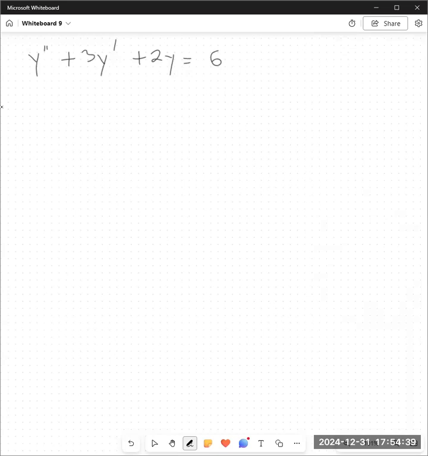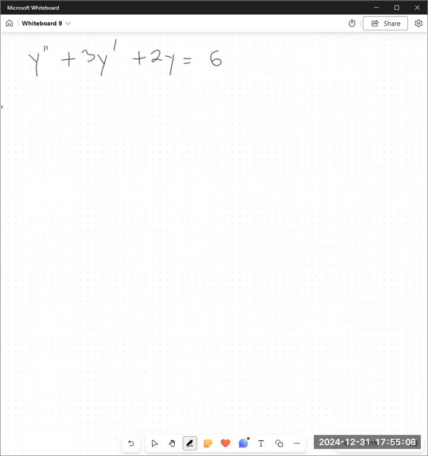It can be the product of those types of functions as well, sums and differences of those, but we need to be able to look at that and see that it's a linear combination of those elementary functions.